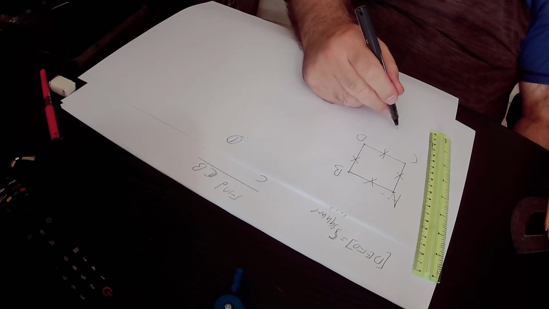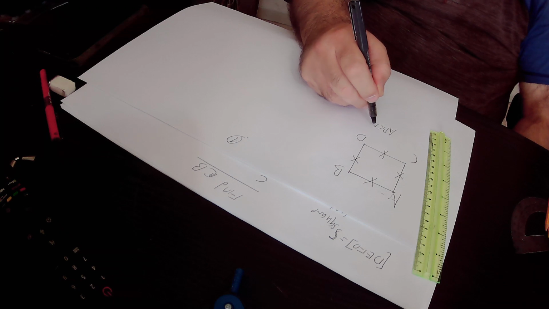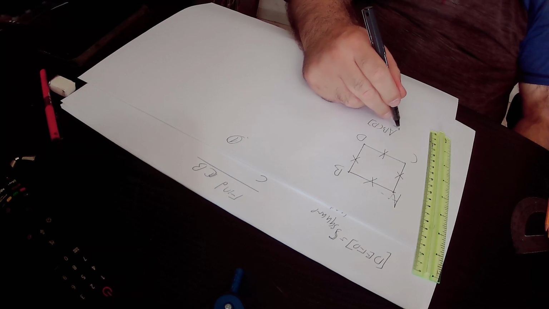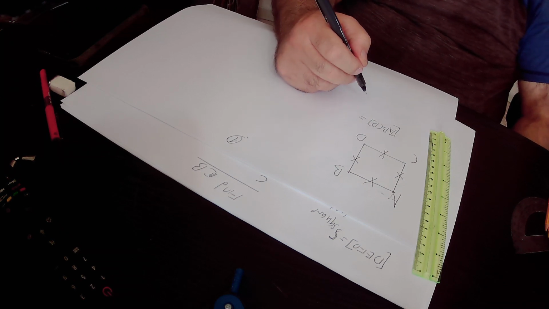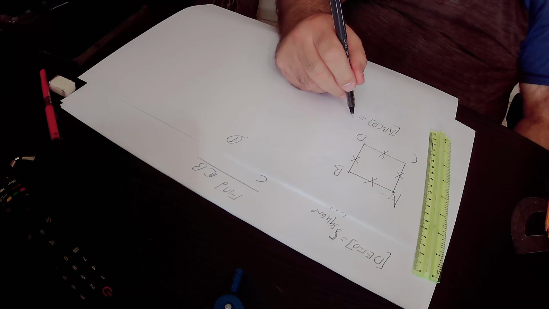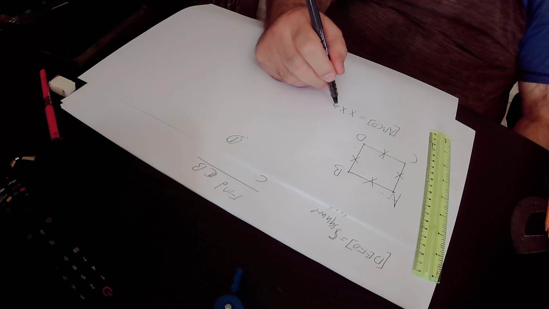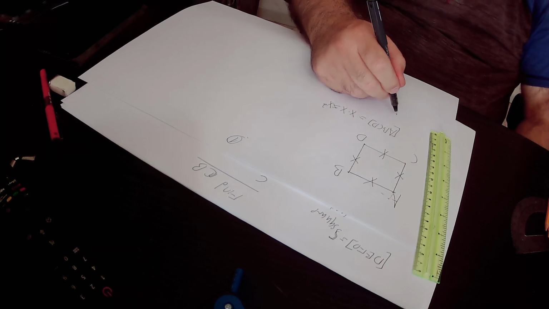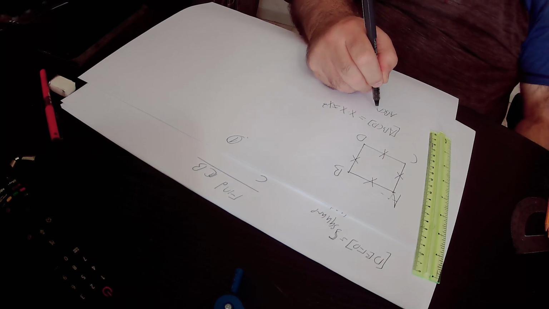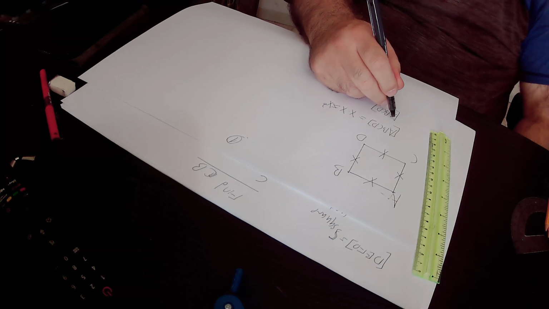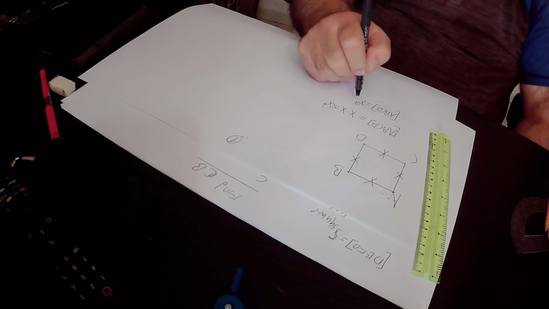So the area of this square ABCD will be equal to x times x, which is x squared. So the area of square ABCD, that could be any square, is equal to x squared.